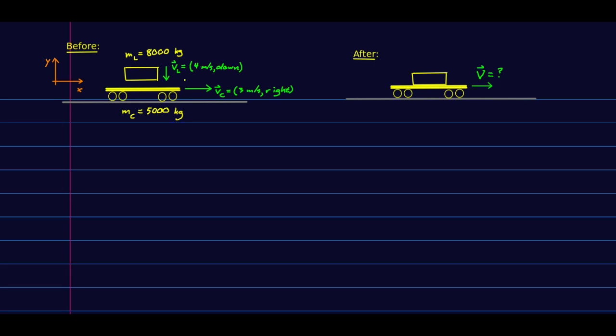And here's the thing. We know that before the collision, we had a momentum of the car to the right, like so, and a momentum of the load, like so, which means that the total momentum before is just the vector sum of those.